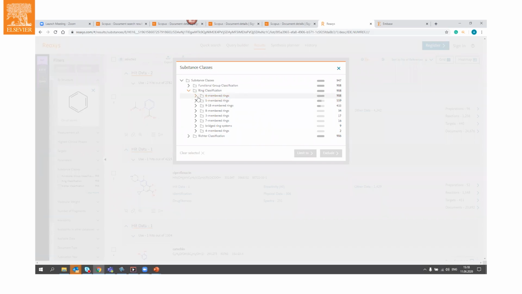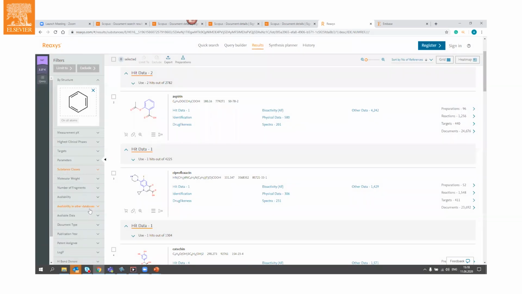For example, it's obvious that once we filter for aromatic ring, all of the compounds have 6-member rings, but some of them even have 9 to 80 members in their rings. And also its availability.